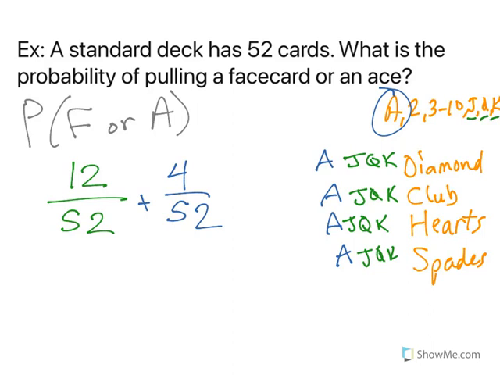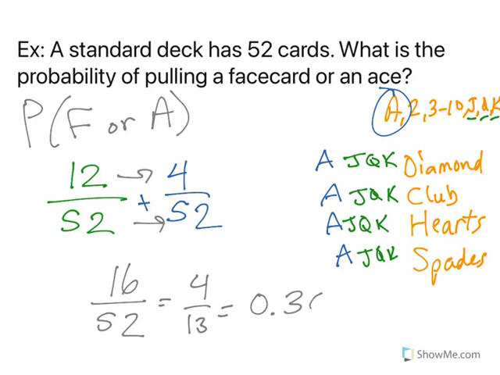Now, there are no overlaps. Jacks, queens, and kings are distinctly different from an ace. So we can add our numerators because our denominators are already the same. And we get 16 over 52. This does reduce to 4 out of 13 or a decimal approximation of 0.3077, rounded to the nearest 4th digit.